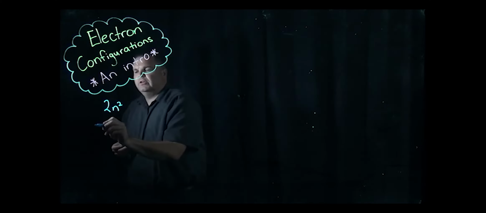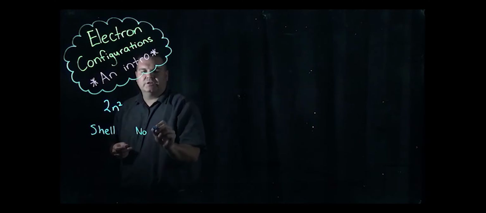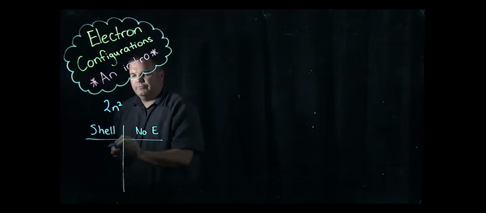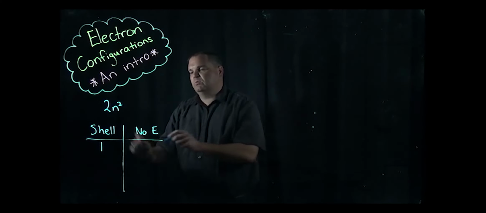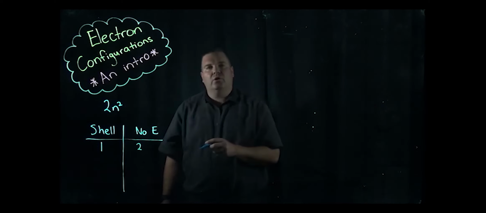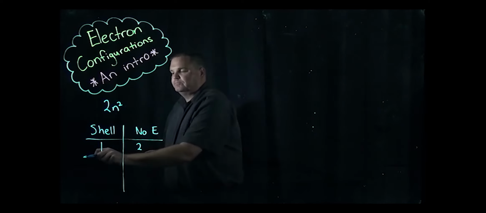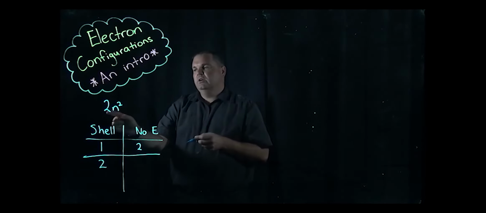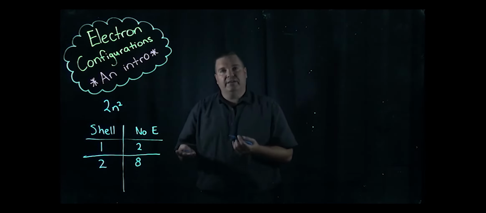In the first shell, 1 squared is 1, 2 times 1 is 2. So the first shell can only ever hold 2 electrons, no matter what atom it is. The second shell, 2 squared is 4, 2 times 4 is 8. So the second shell can hold a maximum of 8 electrons.